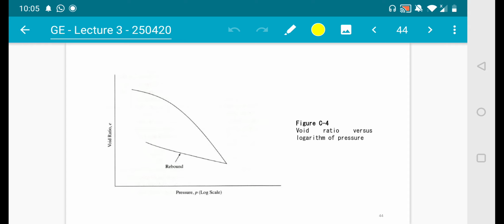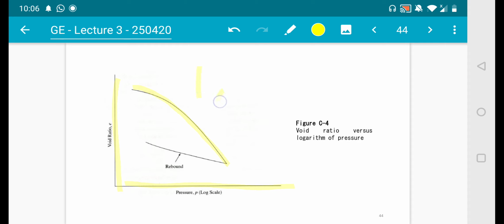So this is another graph representing void ratio versus logarithm of pressure. You have your void ratio here and pressure here. As pressure increases, the void ratio becomes lesser. It makes sense: if you have more pressure, the water will come out, so your voids become smaller.